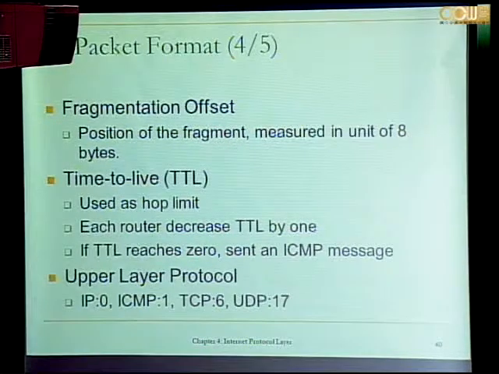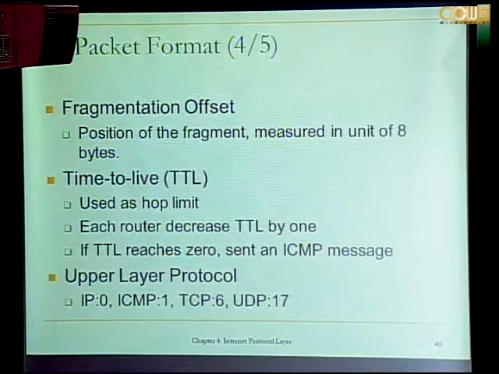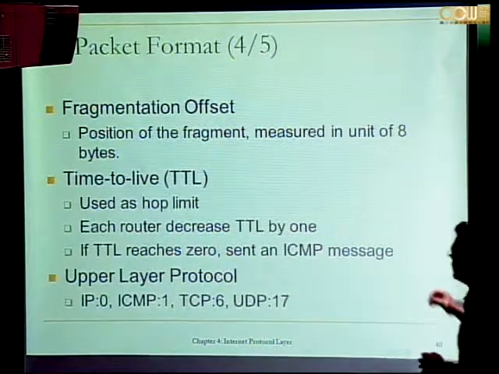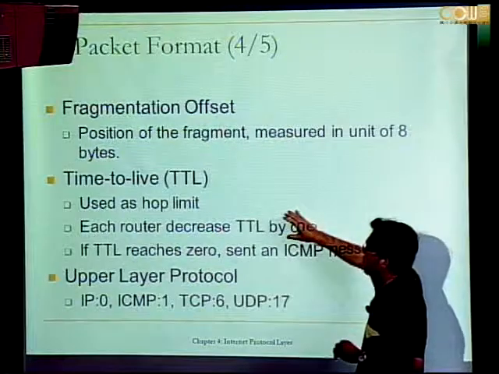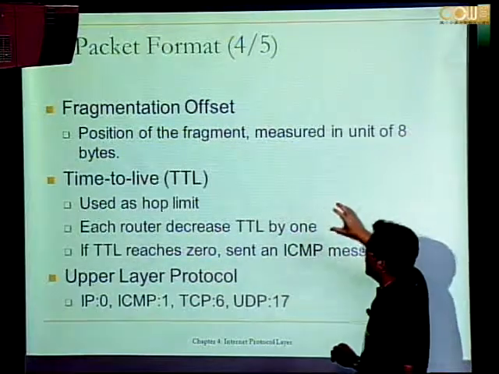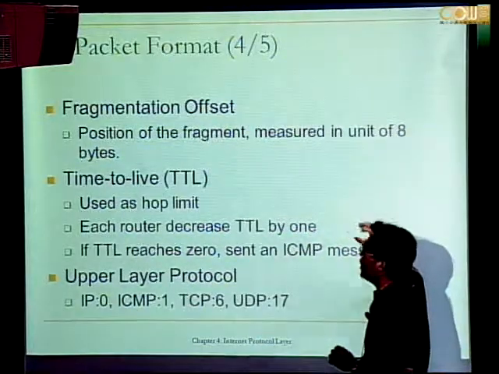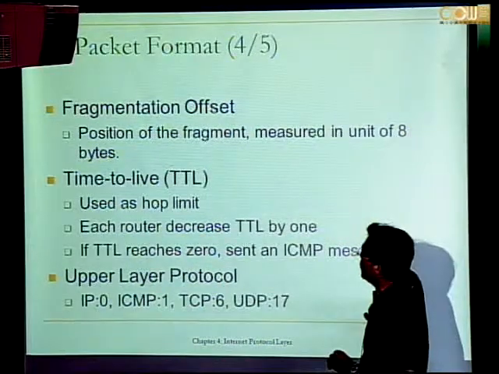TTL, again, it's not time, it's a hop count. And if TTL is counted, every router, again, this is important, every router decreases the TTL by 1. It would deduct by 1.